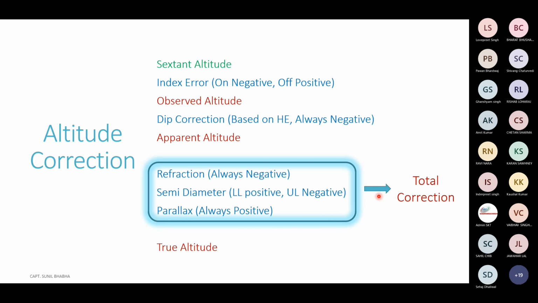All these three can be combined together in one single correction, that is the total correction. Once applied, they give us the true altitude of the body. Now this is the true altitude which we require for the purpose of sight solving.